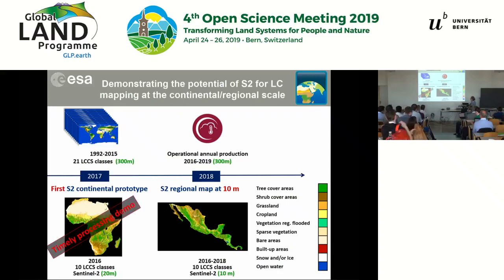This was really an exercise to show that it was possible to process a continent in a timely manner, and to make use of the full Sentinel-2 time series, because previously with the CCI land cover map at 300 meters, we were working with seasonal composites, and this time we wanted to try using the full time series of Sentinel-2.